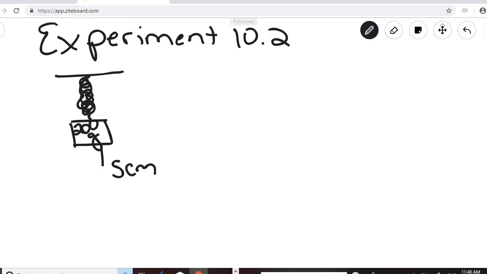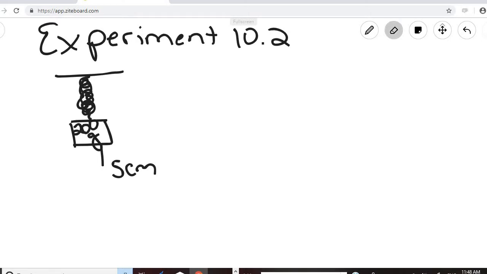And when you let it go, what you're measuring is the amount of time that it takes for this mass to go up and down a certain number of times. Okay, so you're going to pull it down 5 centimeters, let it fly, and then let it go up and down 5 times and record the time necessary for that to happen.